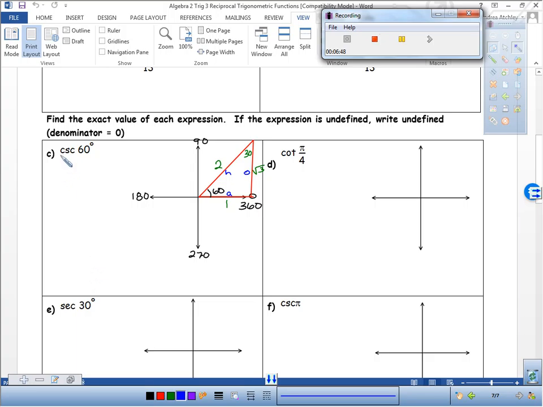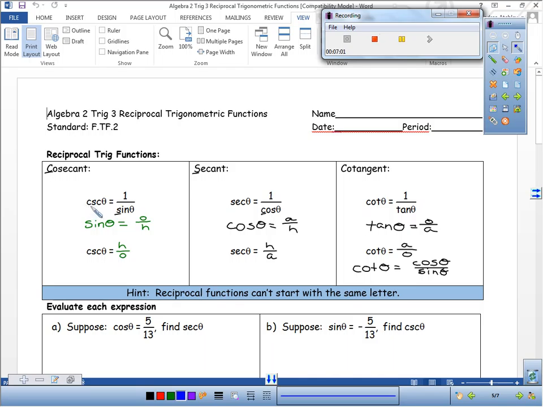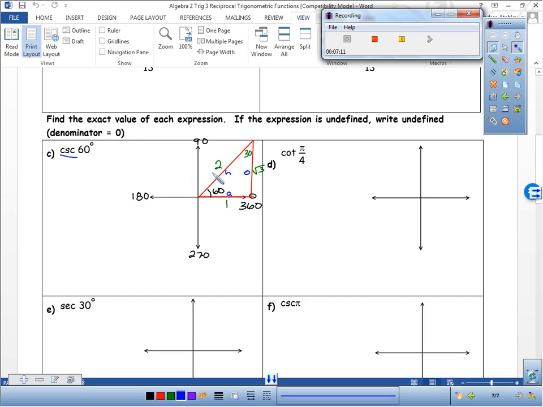Then we need to look back and see what cosecant goes with. Cosecant goes with sine, and sine is opposite over hypotenuse. So cosecant is hypotenuse over opposite. So cosecant of theta equals hypotenuse over opposite.